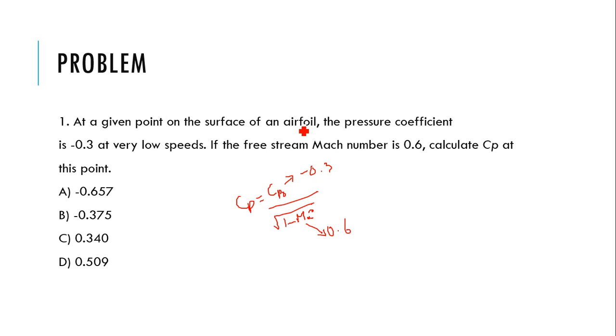Minus 0.375, sir. So this is the correct answer.